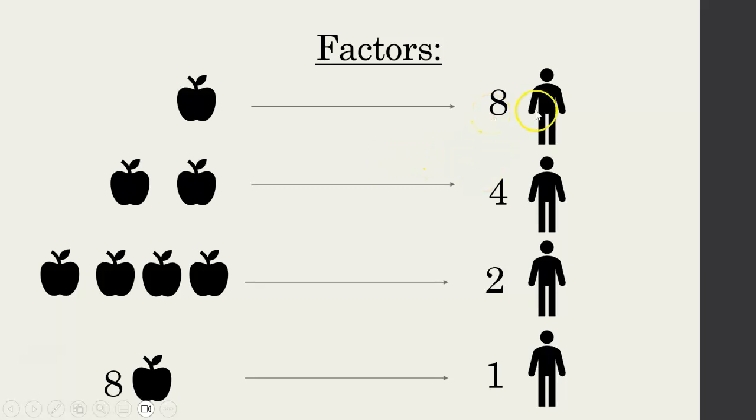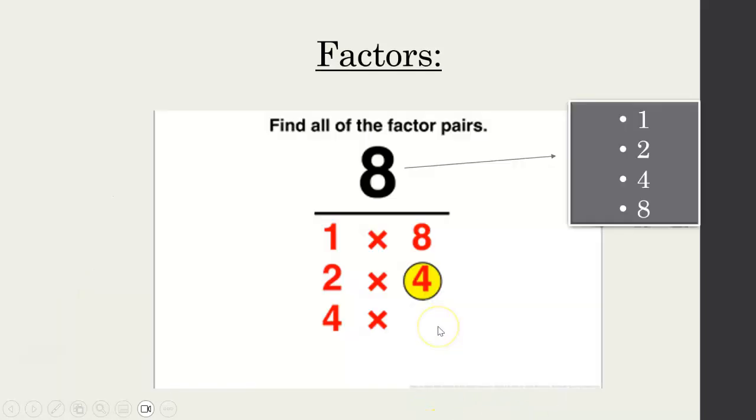That's 8 divided by 8 is just 1. 8 can be divided evenly by 4. 8 divided by 4 is 2. 8 can be divided by 2, because 8 divided by 2 is 4, and 8 can also just be divided by 1. So a little caveat of this is, any number you can think of, 1 is going to be a factor of it.